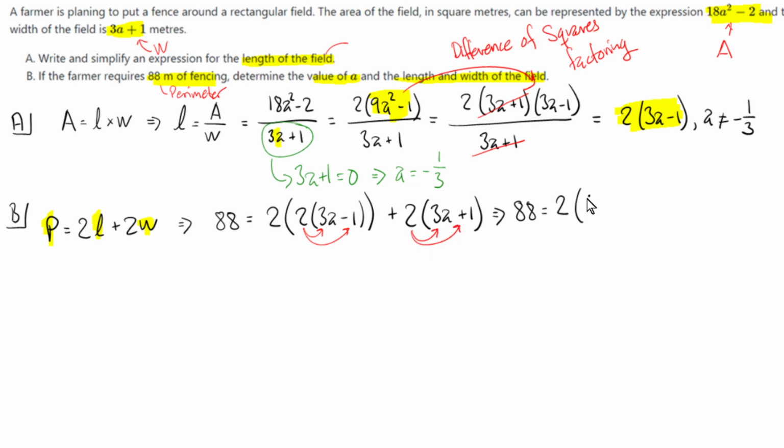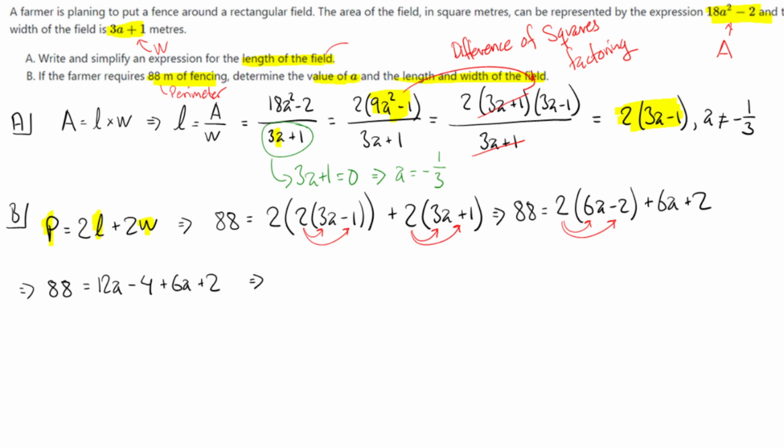So we're going to get 6a minus 2 plus 6a plus 2. In the next step, we're going to multiply this 2 into this bracket. So that's going to leave us with 12a minus 4 and then plus 6a plus 2.